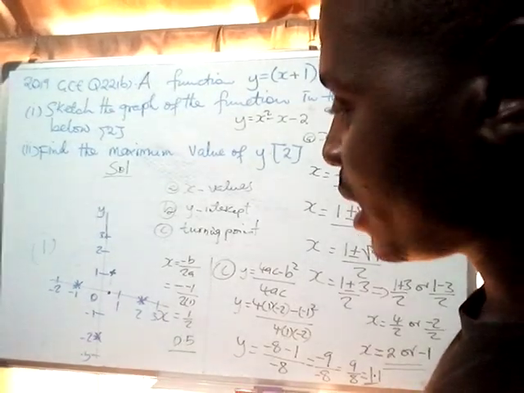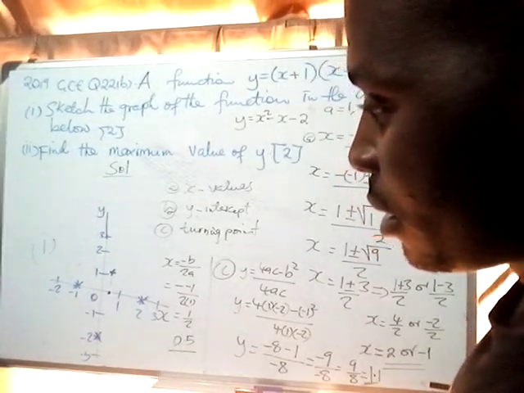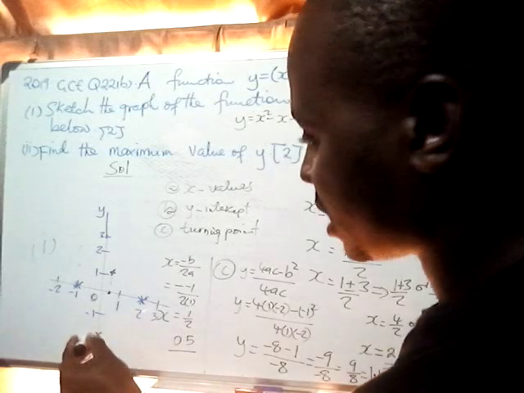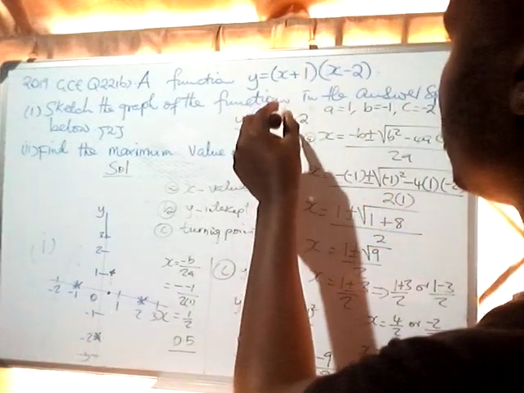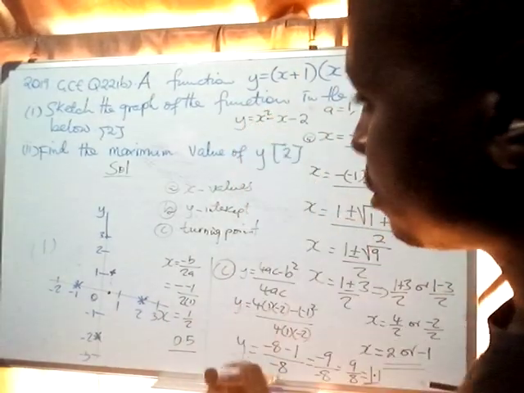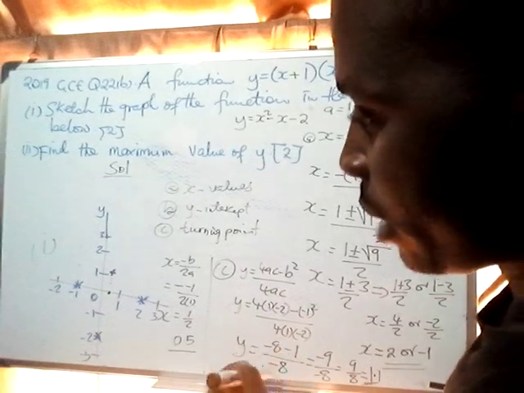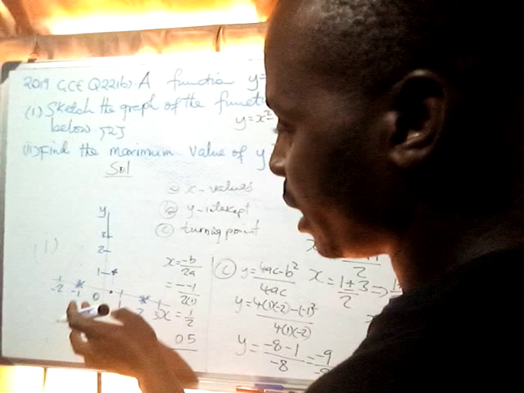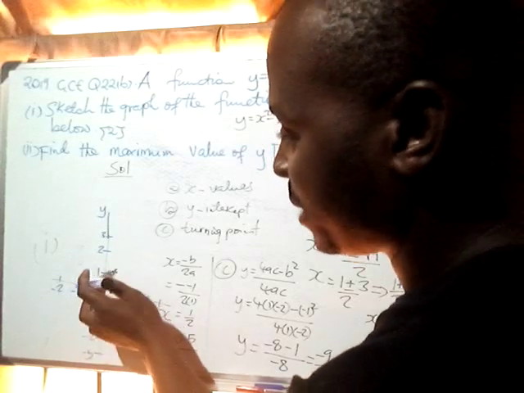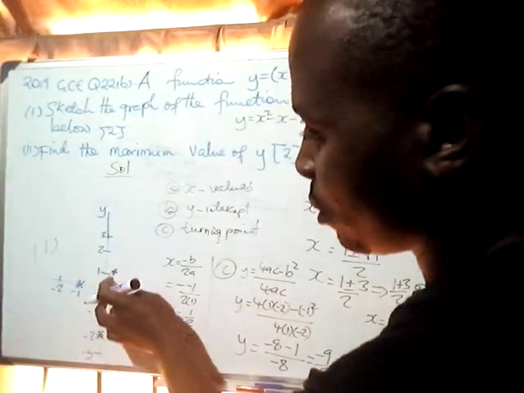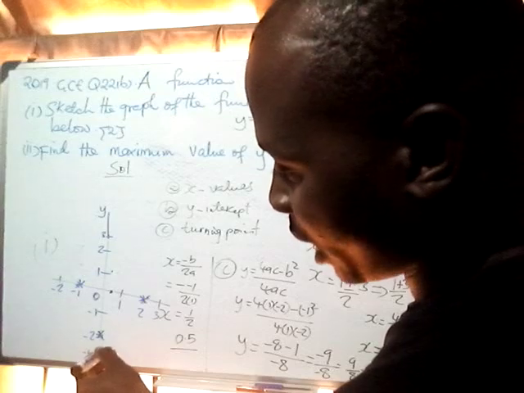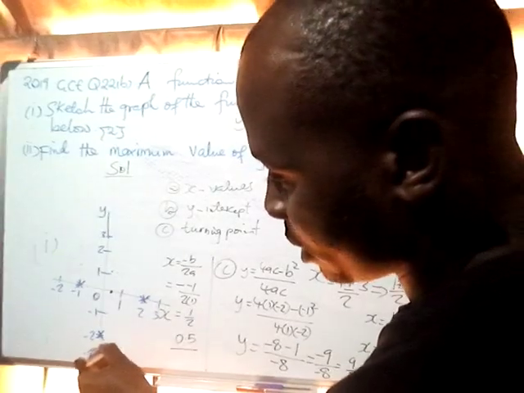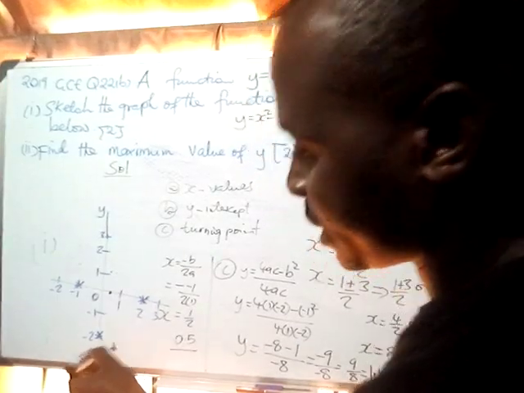The y-intercept is -2 because there is a plus there. So if this is the y-intercept, our turning point can't be here. It's supposed to be somewhere on this side. Let us assume our turning point is here.